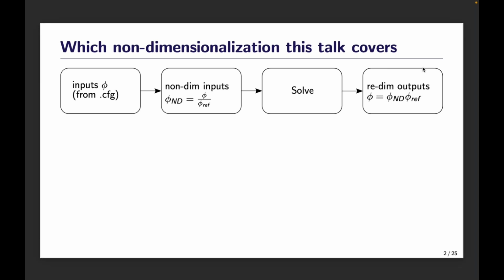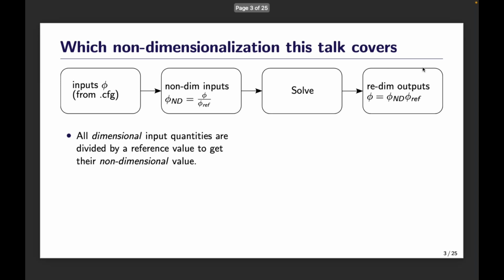And then we go into our solver, and in this solver, we only use the non-dimensional value. And once you are finished with solving and you want to look at, again, dimensional values, you simply multiply the non-dimensional value by the reference, and then you get the dimensional value back.